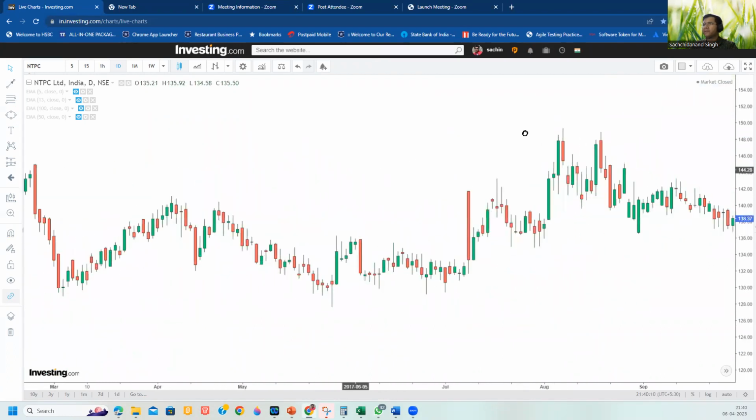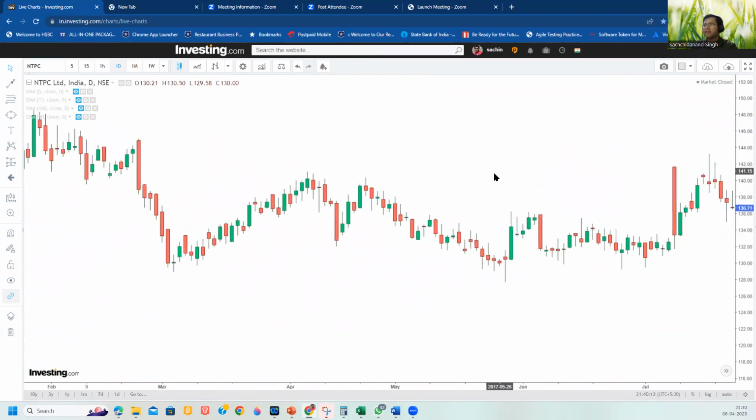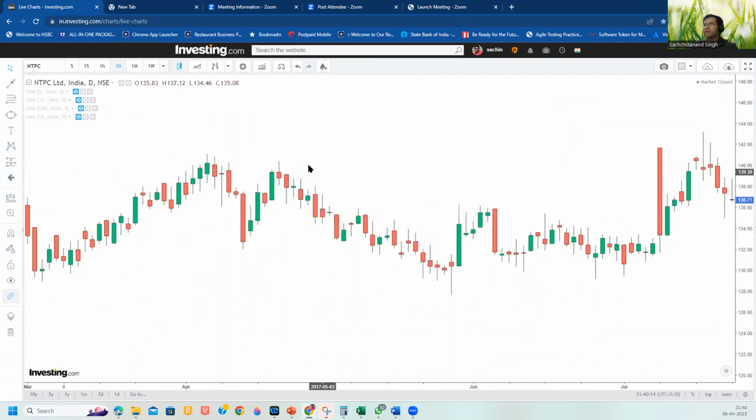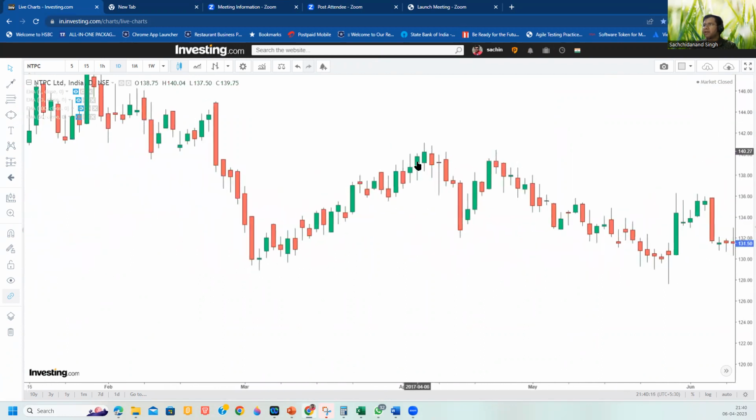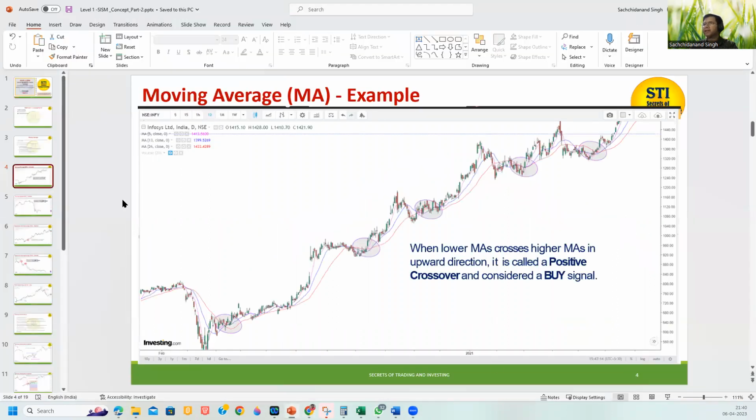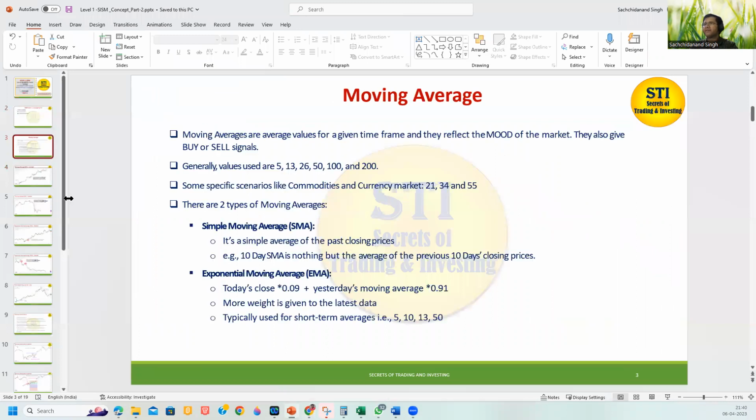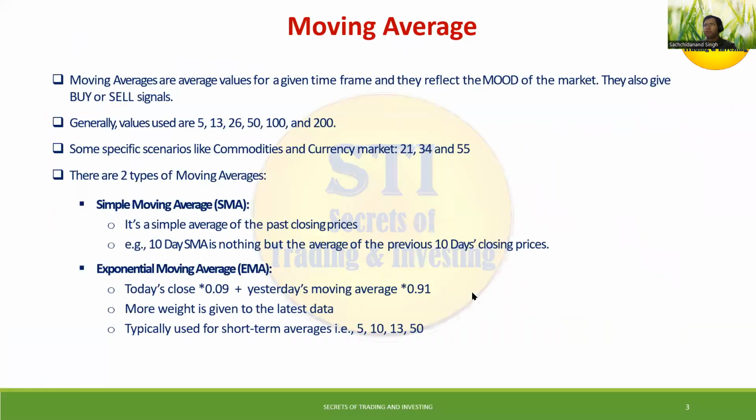When I'm saying moving average 5, at this candle it will take the average of the previous 5 candles and print some value. How to bring it on the screen, we will come back to in a minute. Let us first understand the theory behind this moving average.